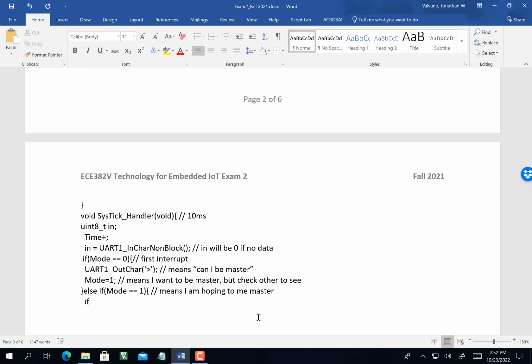So if the input is greater than 2, sorry, 1 will be the address of the master, and 2 through 9 will be the slaves.